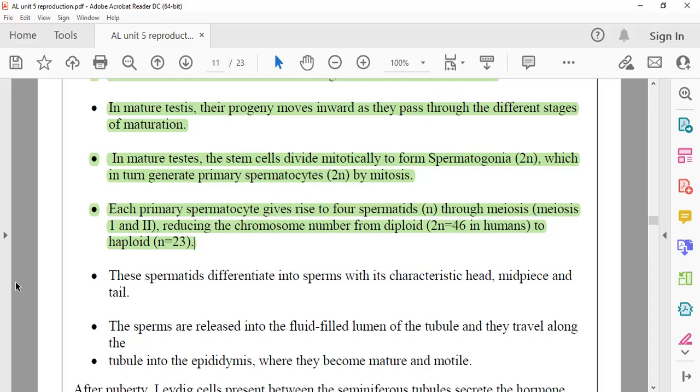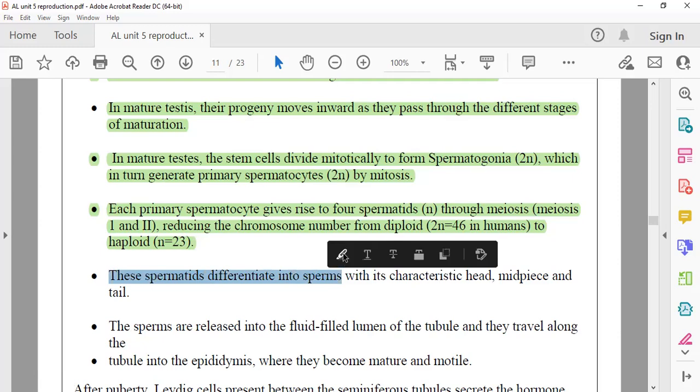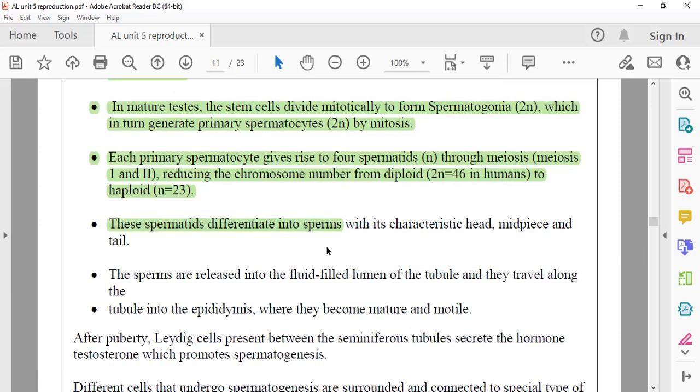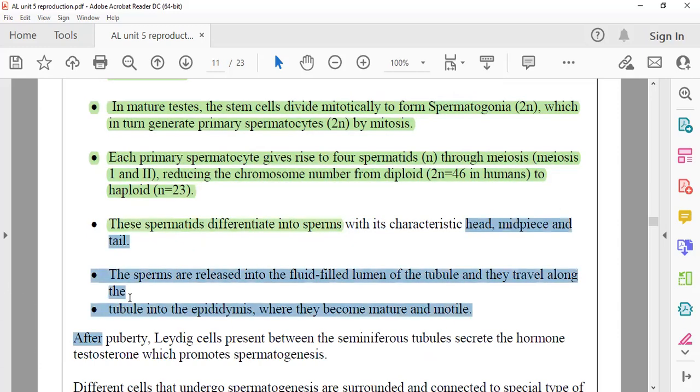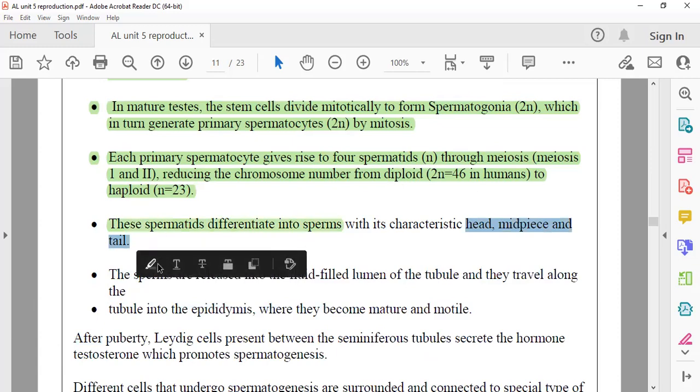Done, sir. Are you clear? Do you agree with the statement that spermatids differentiate into sperms? Yes. In a sperm you will notice three pieces. What are the three pieces? Head, midpiece, and tail. We will discuss it later.